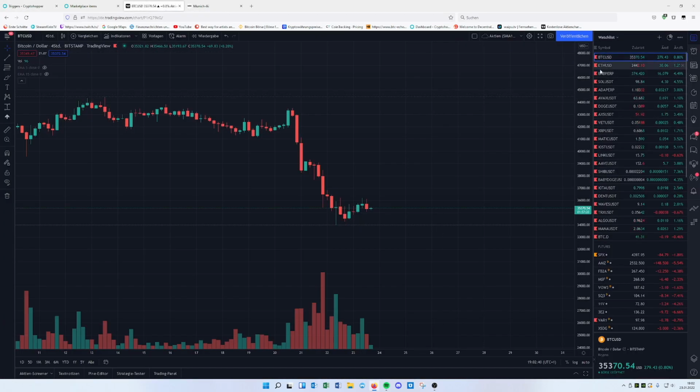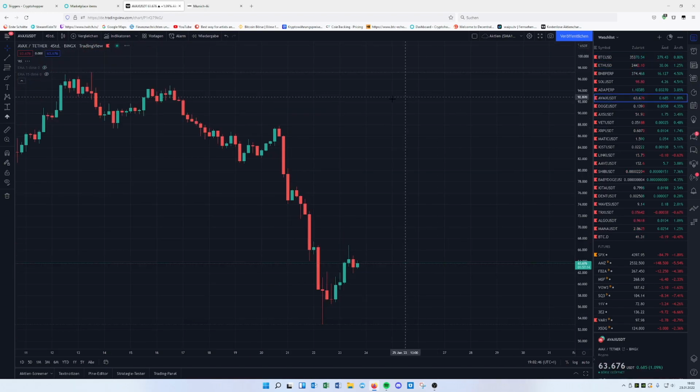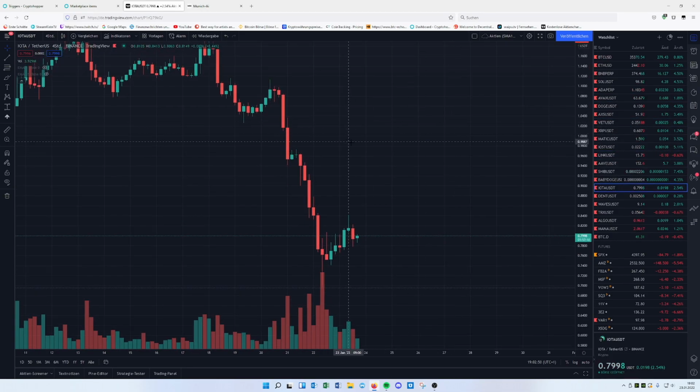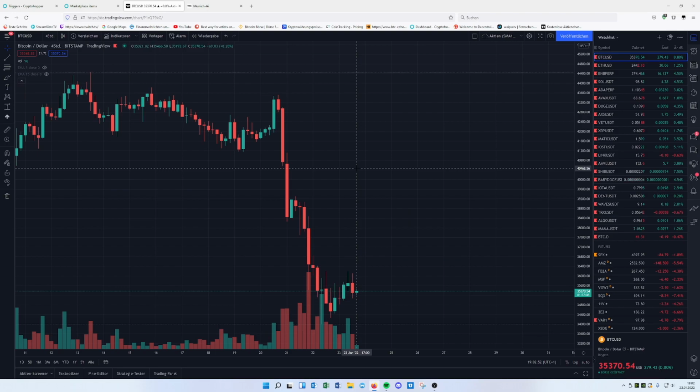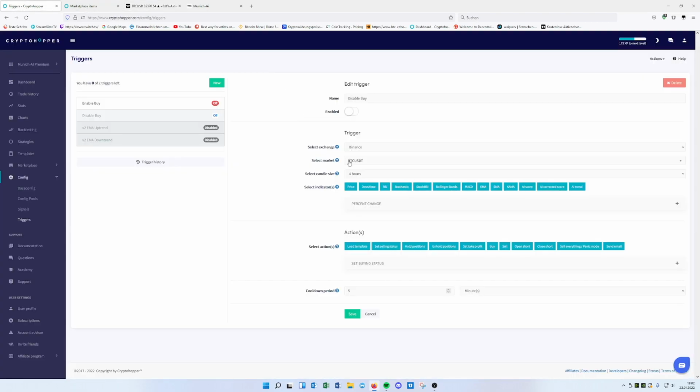For example, at this crash, if the Bitcoin drops really hard, what does the Ethereum do? It drops. What do all the other coins do? They drop. So everything is almost similar to the Bitcoin. Therefore, we look at what the Bitcoin is doing. So we choose BTC USDT.